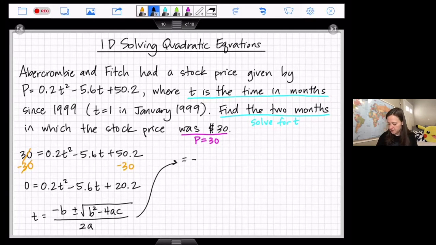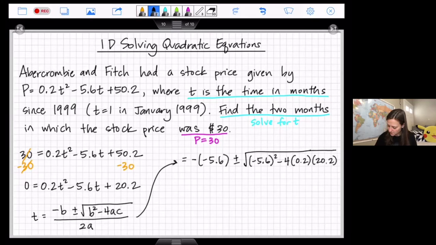Our b is negative 5.6, so negative 5.6 plus or minus square root of negative 5.6 squared minus 4, a is 0.2, c is 20.2. And all of that gets divided by 2a, so 2 times 0.2.